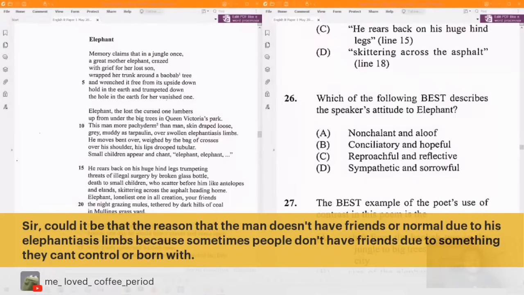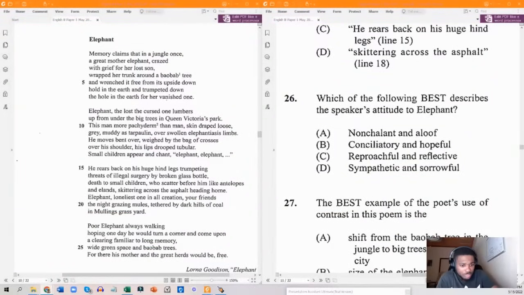Yeah, pretty much. That is kind of one of the messages in this poem, that sometimes things outside of our control dictate how people respond to us. Maybe the man really doesn't have any control over his condition, but look at what it causes in his life.